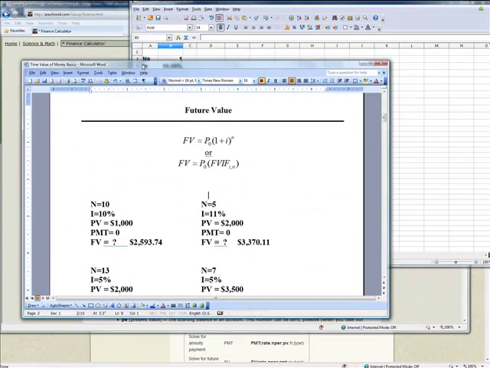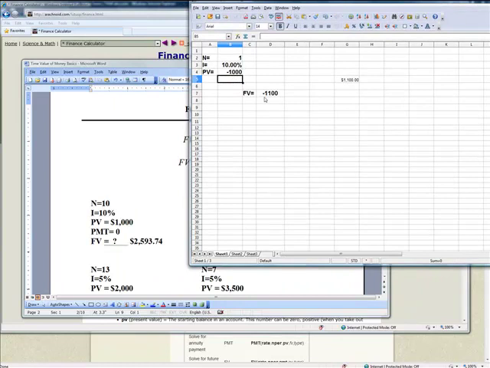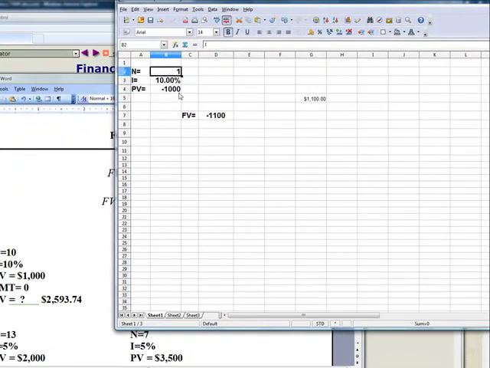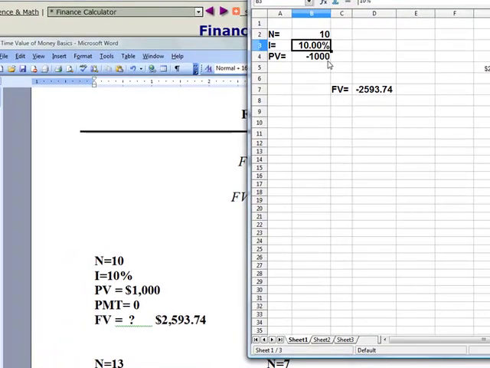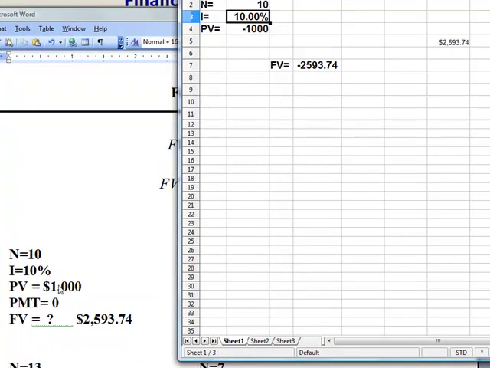So if I pull these over and look at them, let's look at the first one. So n in this case is 10. I is also 10%. Present value is 1,000. And what did I get as a future value? Well, 2593.74. It's exactly the same that I got here.